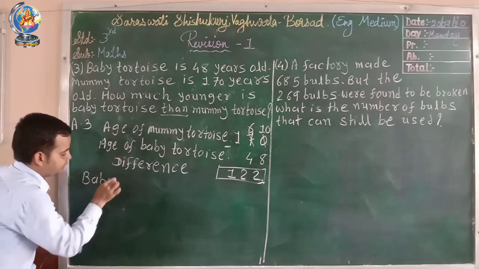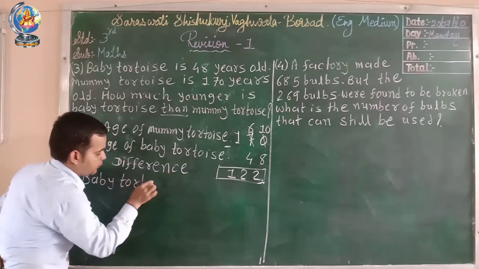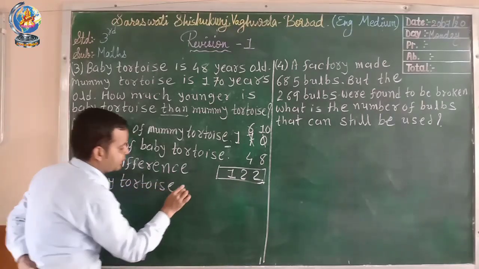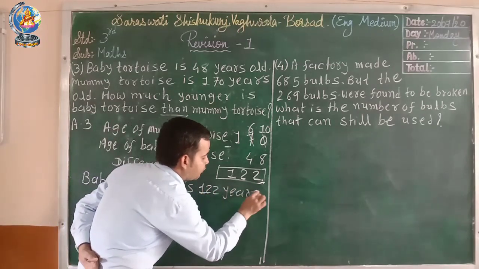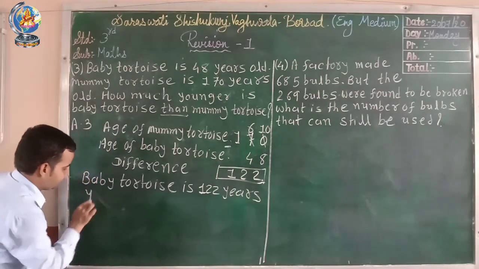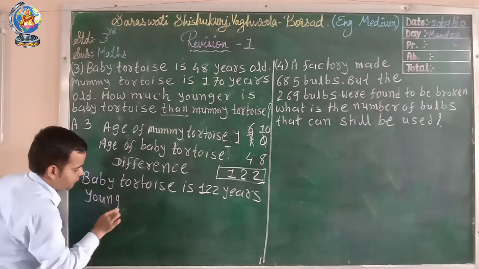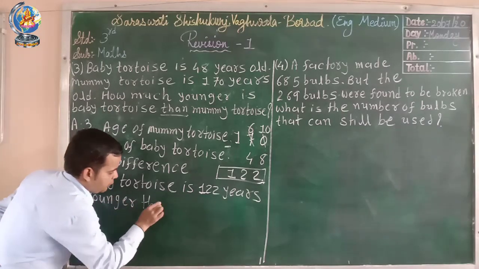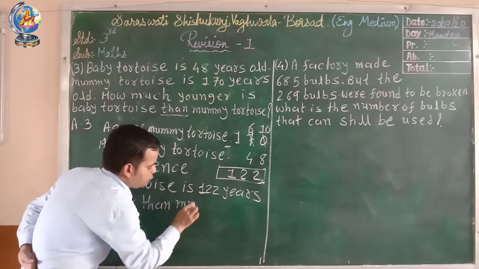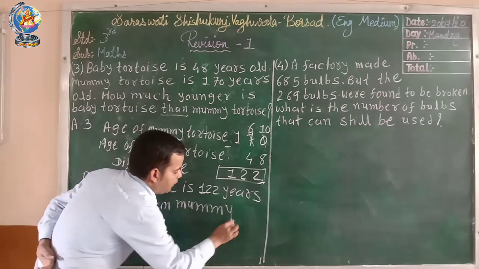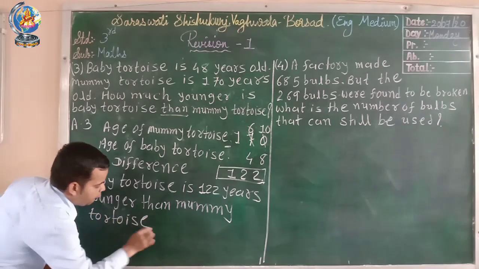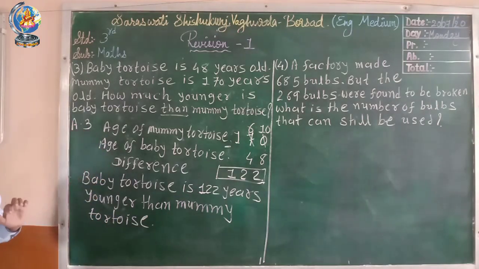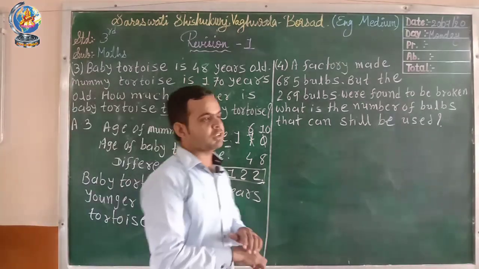Baby tortoise is 122 years younger than mummy tortoise. Okay, understood about this sum? Now let's start our fourth number sum.